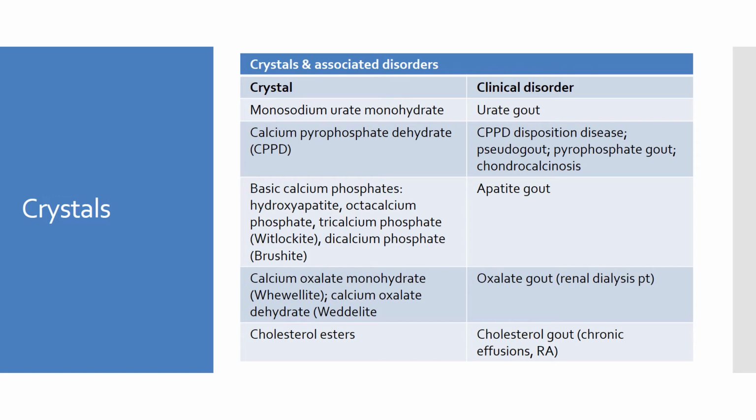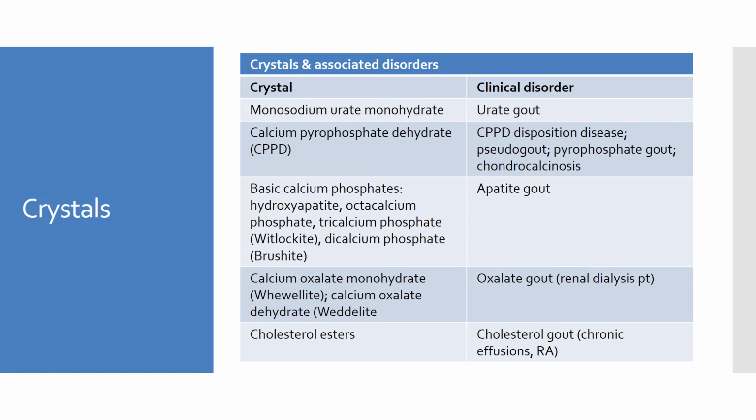Birefringence has to do with the color that appears when the wavelength parallel to it is present. So for example, monosodium urate crystals are needle-like.